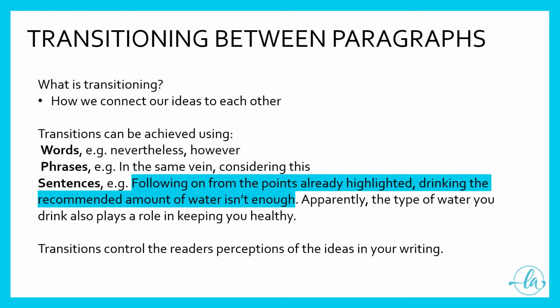You want your readers to be able to move from one paragraph to the next without thinking that they've been dumped from one idea into another. You want to create that cohesion, that coherence, that makes them flow, and then they get to the end of the writing and they're like, wow, this was a lovely piece of writing. So that's what transitioning is all about.